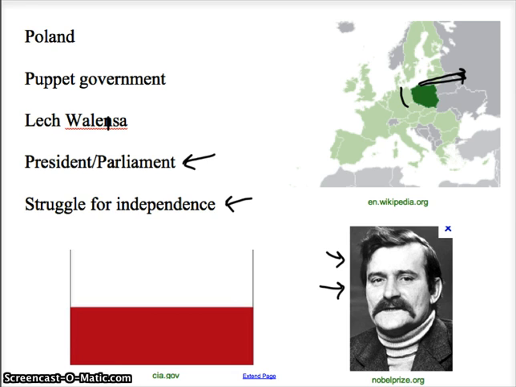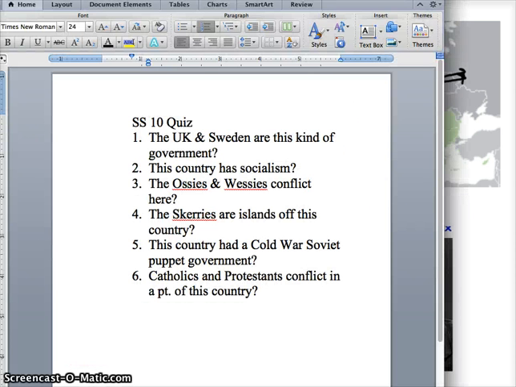I happen to have here some questions. If you can go ahead and write these down, you can pause if you wish, but I will go ahead and read them aloud. Number 1, the UK and Sweden are this kind of government. Number 2, this country has socialism.